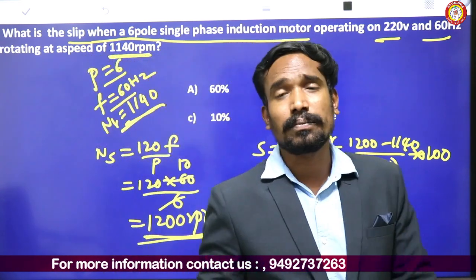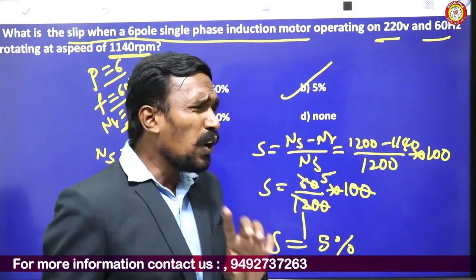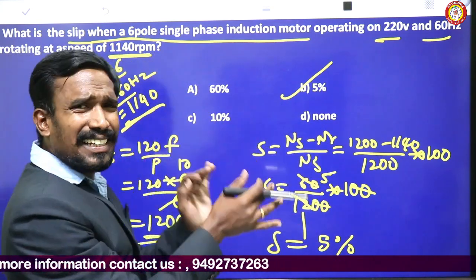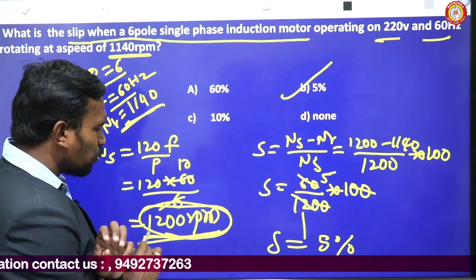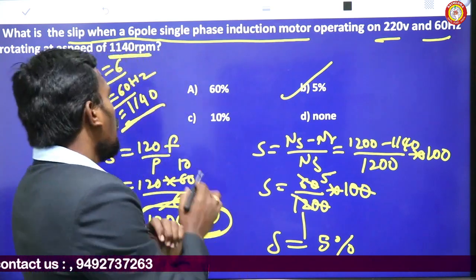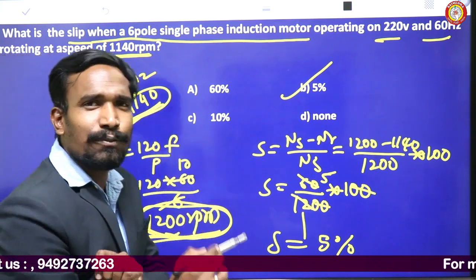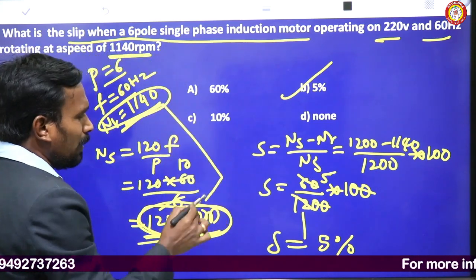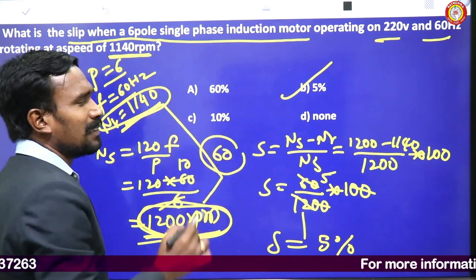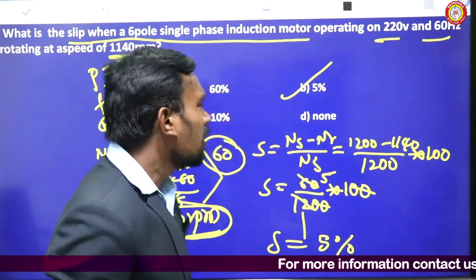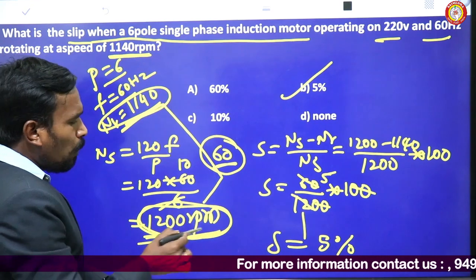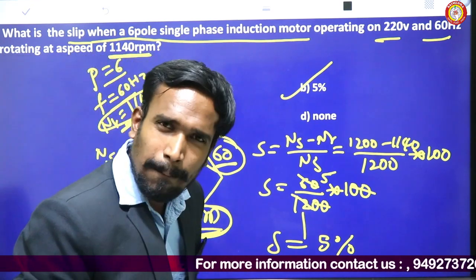This is the question, but don't waste time on all these things. Here it is very simple. The synchronous speed is 1200 rpm. My rotor speed is 1140 rpm. Nothing but 60 rpm is slipped out. 60 rpm reduced. 60 rpm is how much percent of 1200?